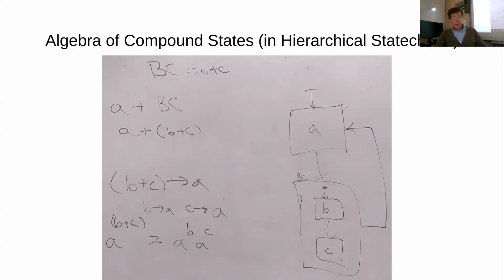Some of you may know, if you have a disjoint union or coproduct, B plus C, then in order to specify a way of going from either B or C to A, it's the same as specifying a way of going from B to A and a way of going from C to A. So it's the same as specifying a transition from B to A and from C to A. What that's saying is that if you have a transition from BC, you can go either from B to A or from C to A.